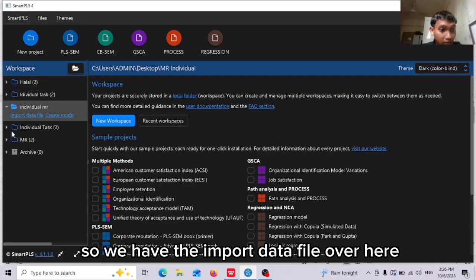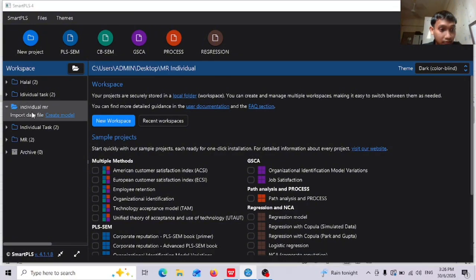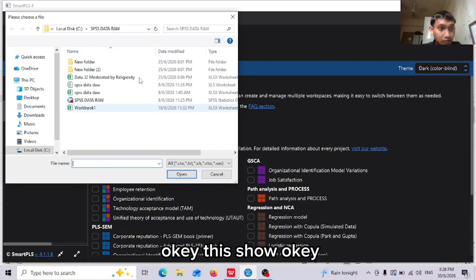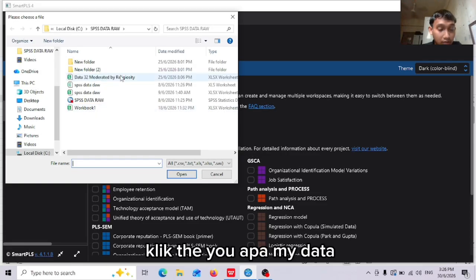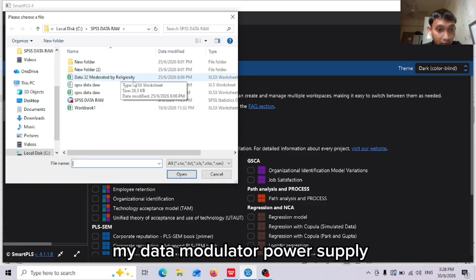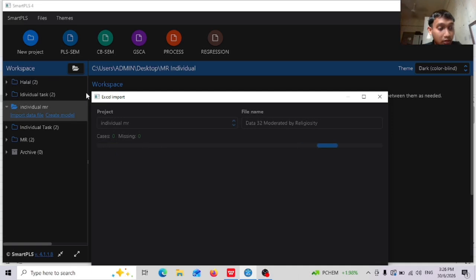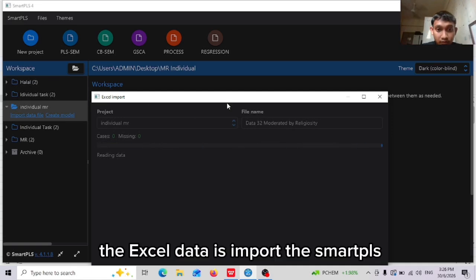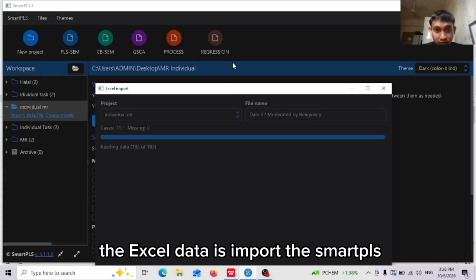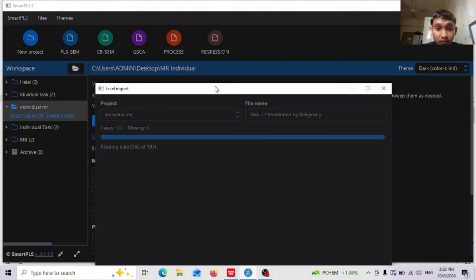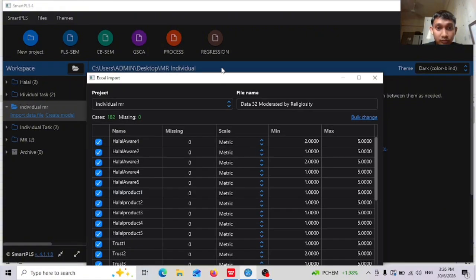We have the input data file here. Click the input data file, then click my data, moderator by regularity. Click the data to import it into SmartPLS. The Excel data is imported into SmartPLS.